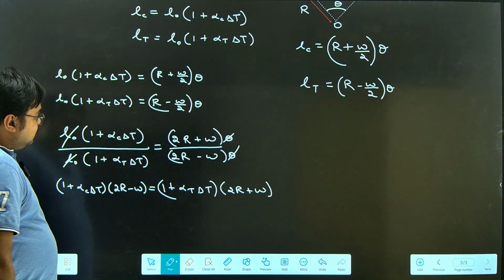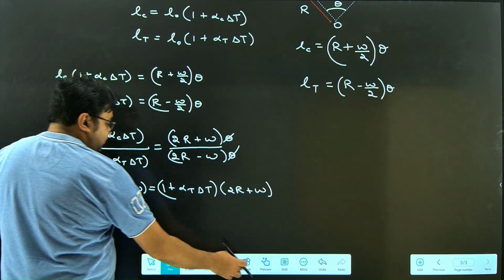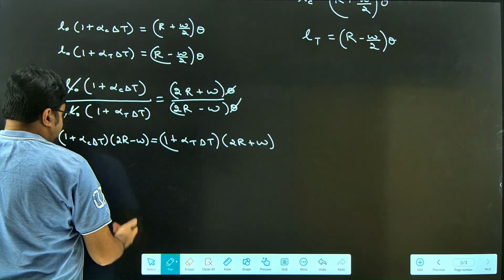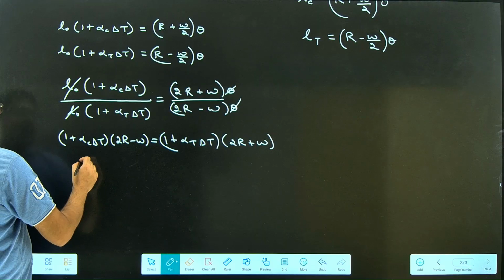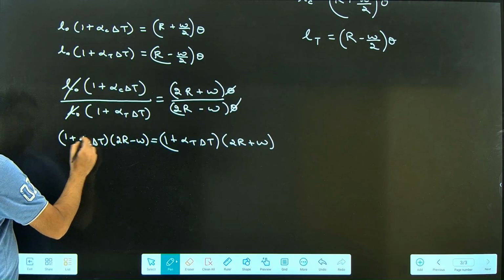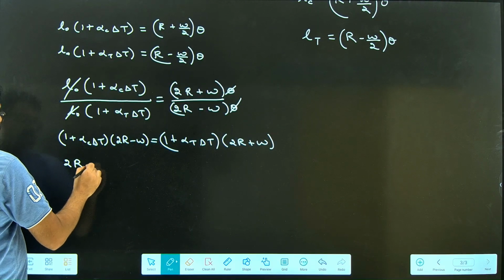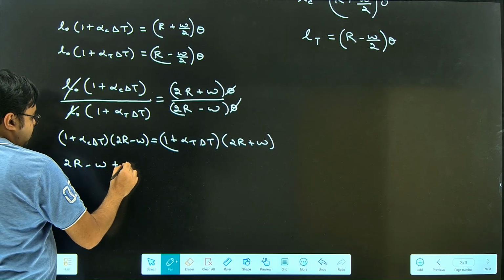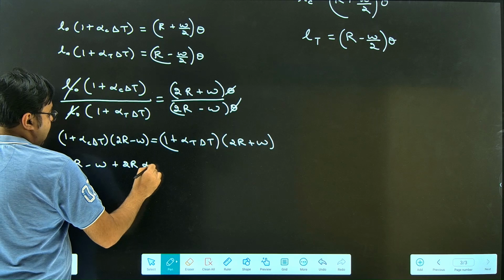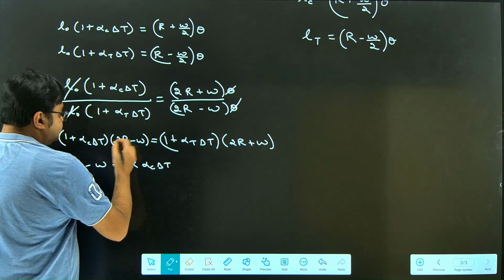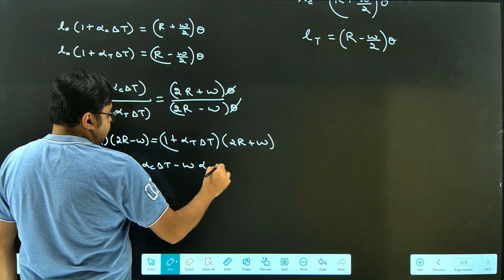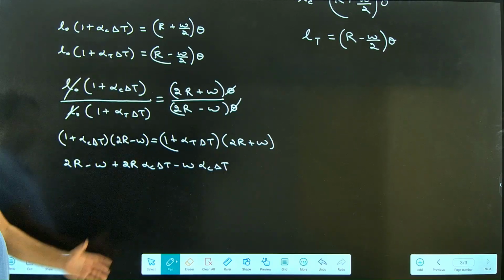When you simplify this further, we have 2r minus w, and then plus 2r into alpha c into delta t, and then minus w into alpha c delta t. That's the left hand side of the equation.